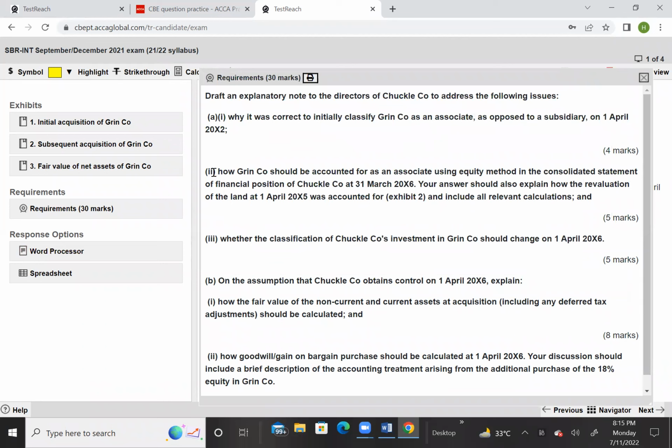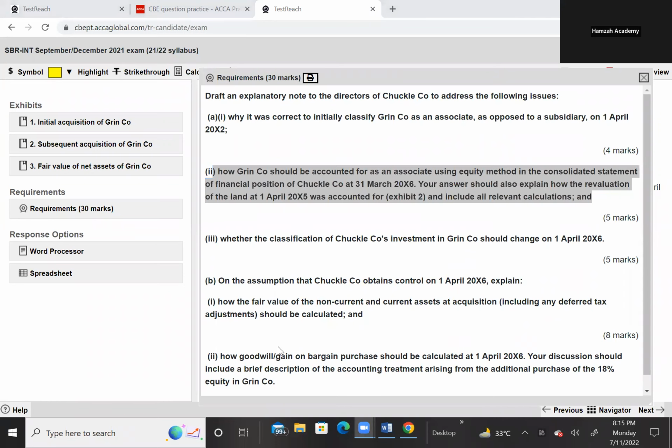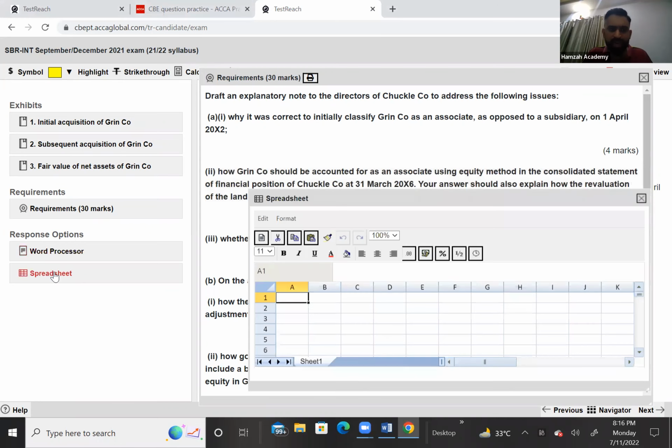Then the second requirement is a combo. In this requirement we have to explain and we have to calculate. So we have 2 things here: explanation and calculation. For such requirements, we recommend that the calculation part be done on the spreadsheet, giving the heading requirement A part 2.